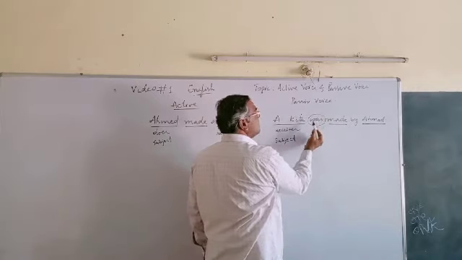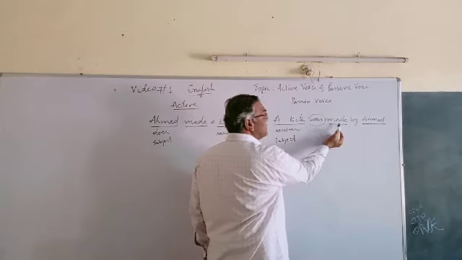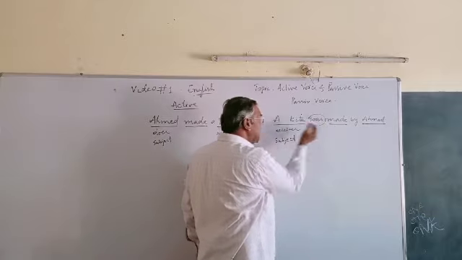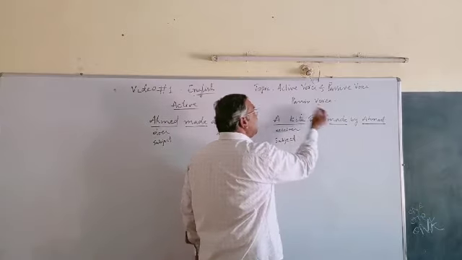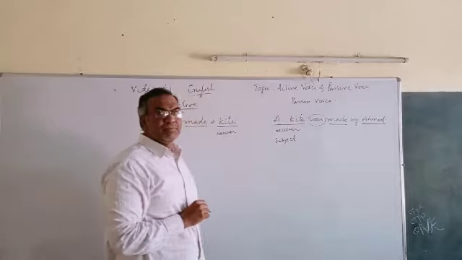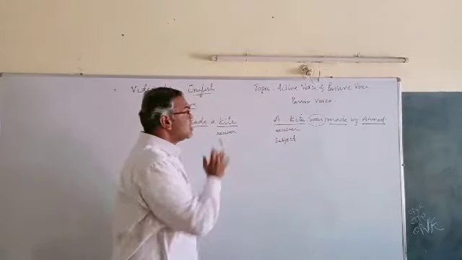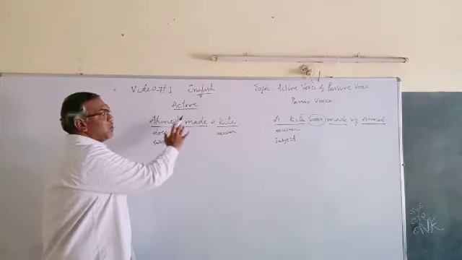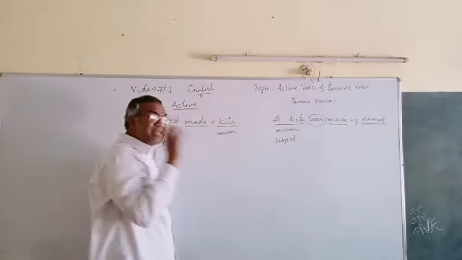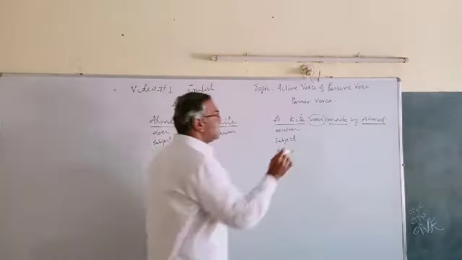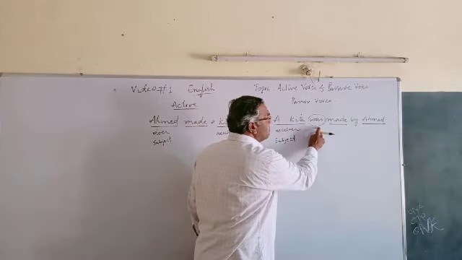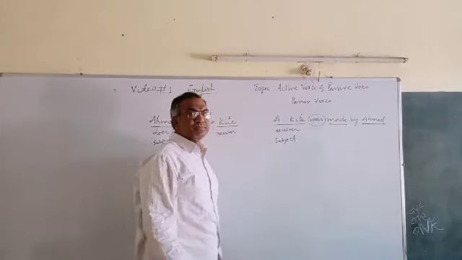Because of this auxiliary verb was, this action is not done by the kite, but it is done on the kite. That is why this is called passive voice. This is the difference between active voice and passive voice. So one thing is clear, that the auxiliary verb is very important.